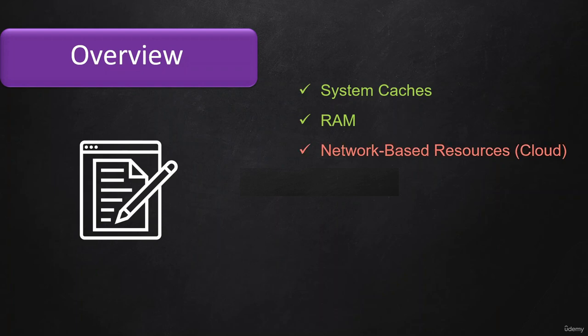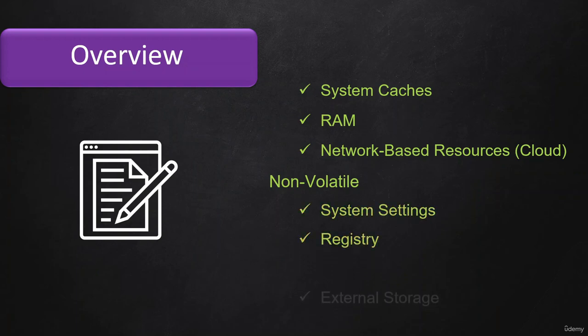As soon as you remove the network from the machine, you will invariably also lose access to cloud-based resources. And there are other non-volatile areas that you need to consider, such as system settings, the Windows registry, and external and internal storage in the form of drives. And of course, FTK will help you with the majority of this.